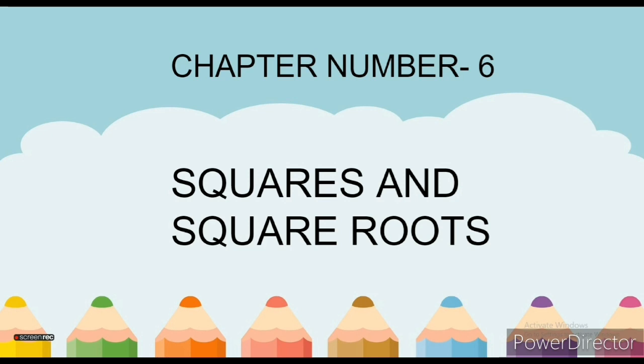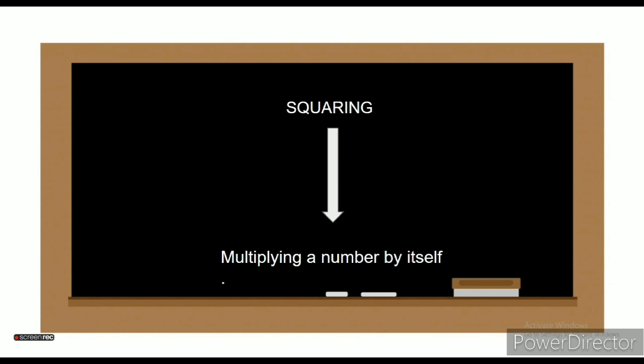Hello friends, today we are going to start our next chapter, that is chapter number 6. It is squares and square roots. Squaring of a number is a simple process which can be defined as multiplying a number by itself.